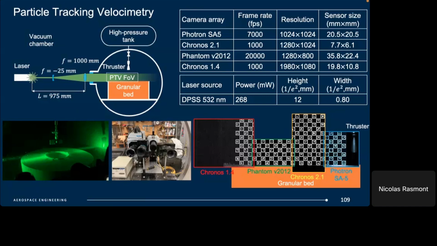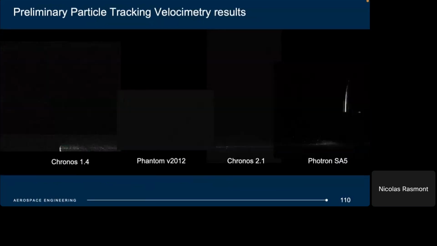The particles that are lifted from the surface are illuminated and observed through an array of high-speed cameras, which you can see here. We have 4 high-speed cameras: 2 main ones, which are the Phantom SA5 and Phantom V2012, and then 2 Chronos, which allow us to fill the gap at a lower temporal resolution.